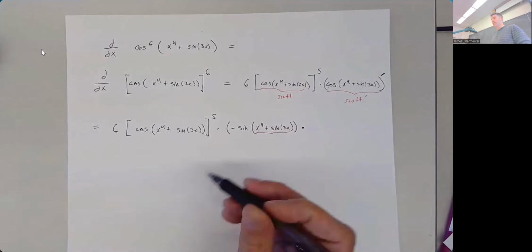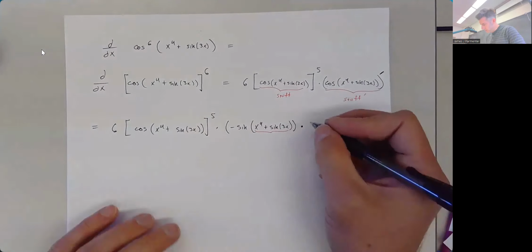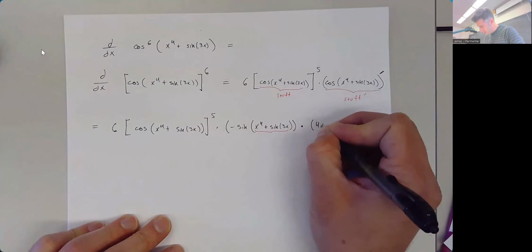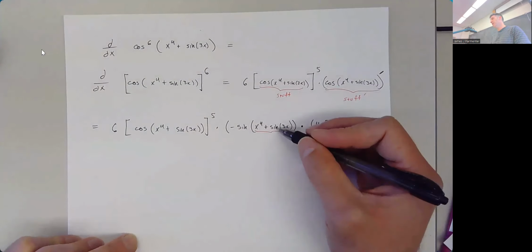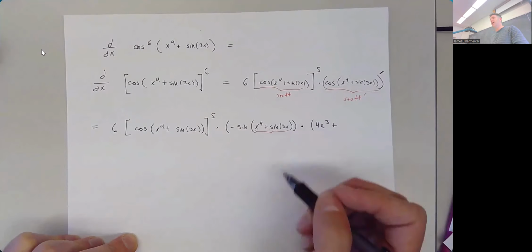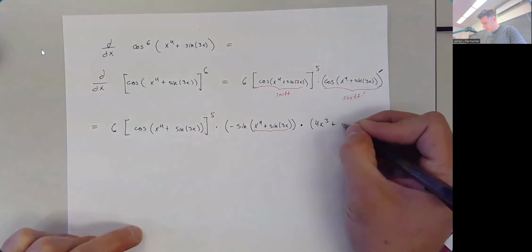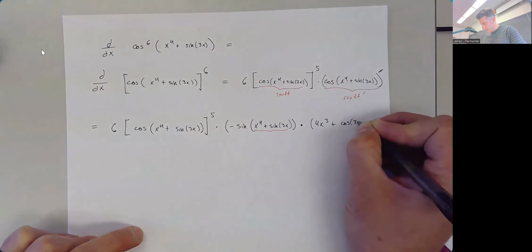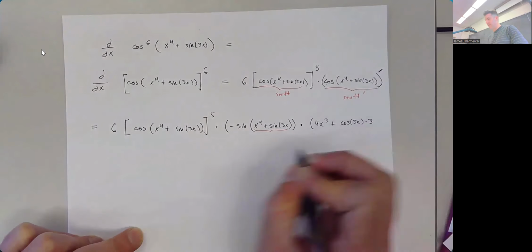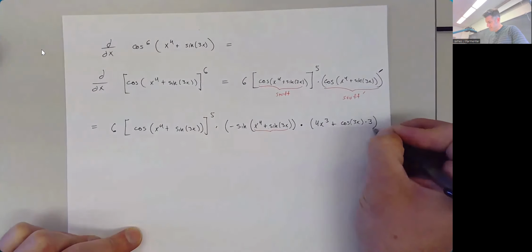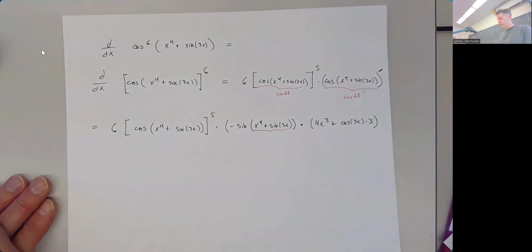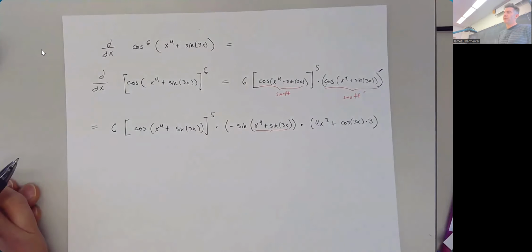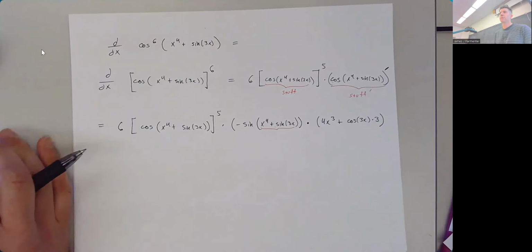What's the derivative of the inside part? Well, it's going to be 4x cubed plus, oh, I've used the chain rule one more time here. The derivative of sine of some stuff is going to be cosine of that stuff times the derivative of that stuff. Kind of gross. Really gross. I'm not gonna lie, it's pretty gross.